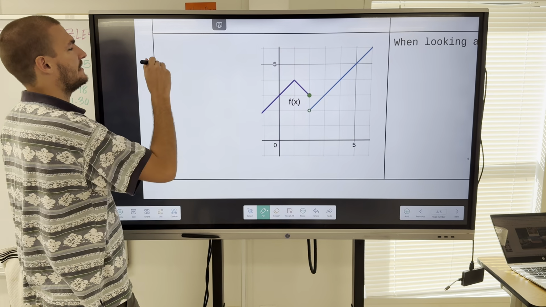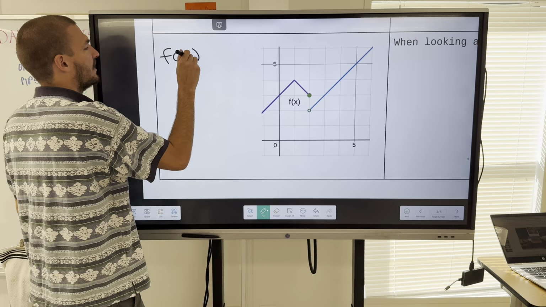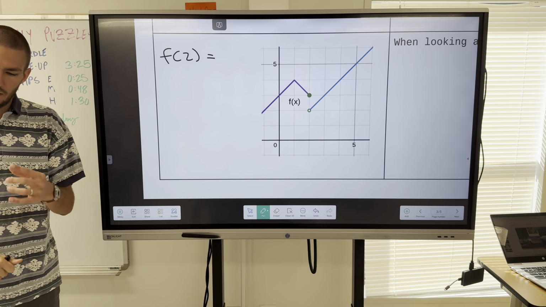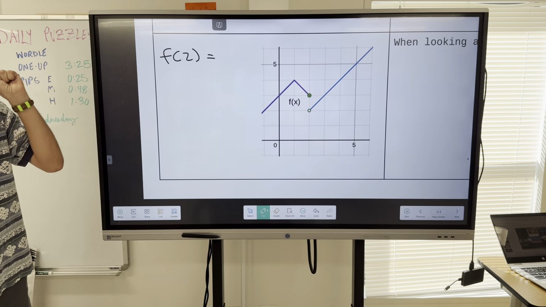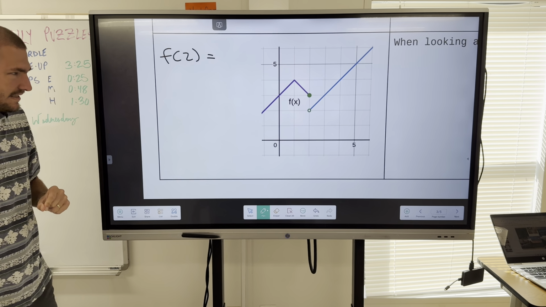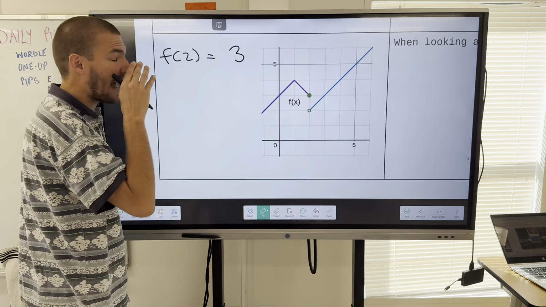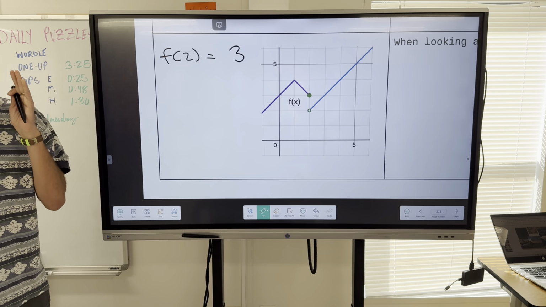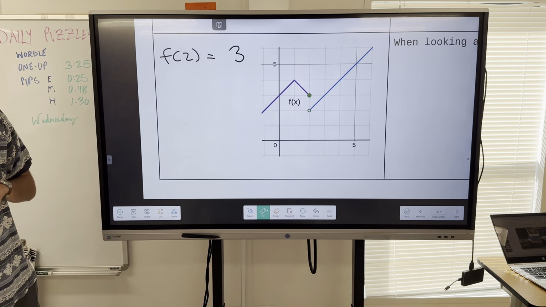Let's start with the easy question. What is f of 2? In reality, truly, what is f of 2? Devin? 3. It is 3. And it has to be 3. And we better make sure that we're comfortable with why it is 3.